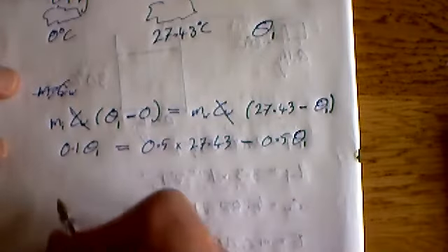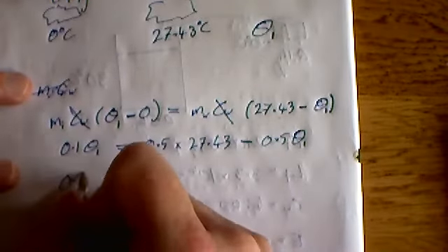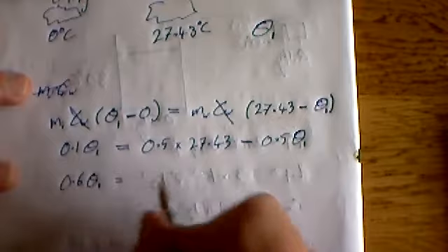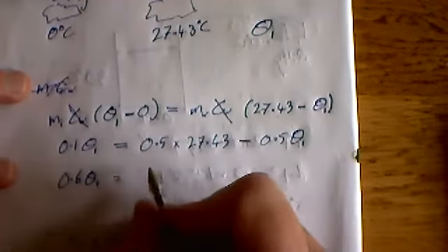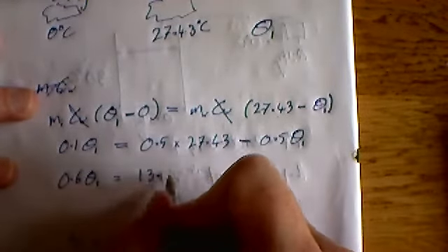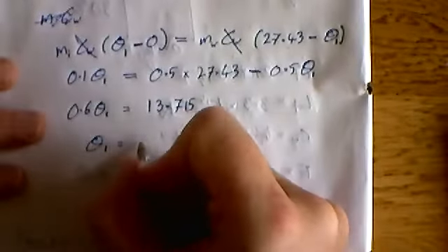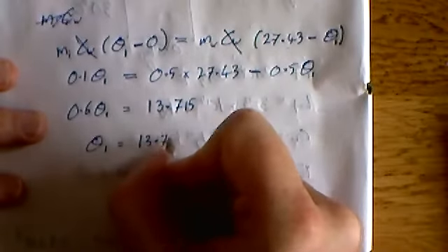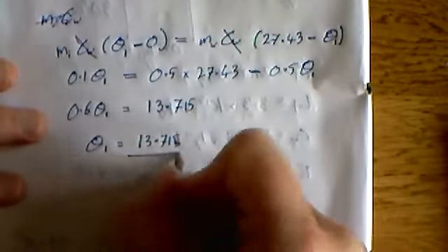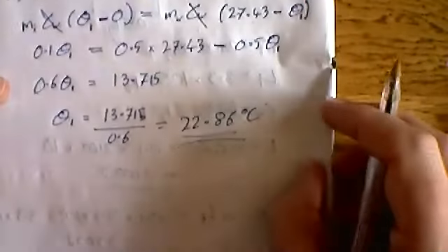If we add 0.5 θ1 on both sides, then we get 0.6 θ1 equals these two multiplied, which comes to 13.715. So θ1 is going to be 13.715 divided by 0.6, which equals 22.86 degrees C.